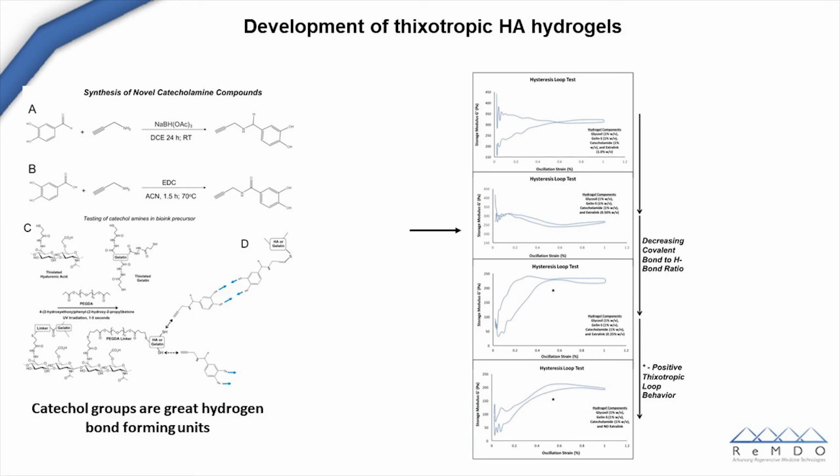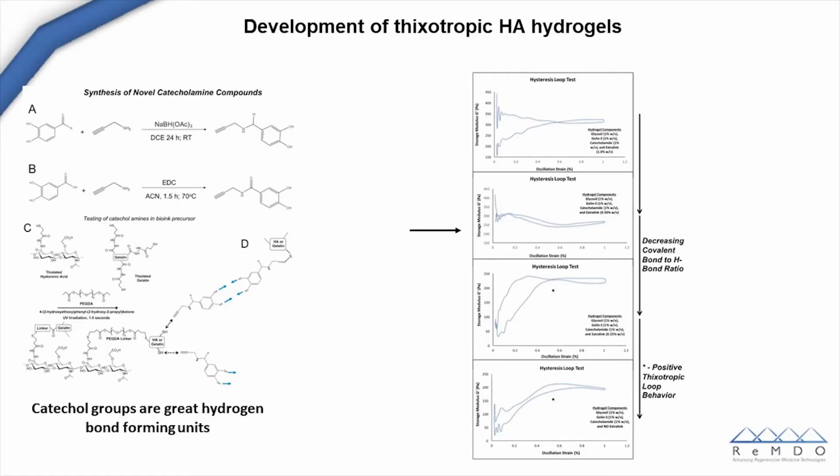So one method that we're using for this thixotropy are catecholamine compounds. And interestingly, mollusks secrete these compounds, and that allows them to be able to stick to ship hulls and rock surfaces and things like that. So initially, we were exploring this as a way to enable an adhesive hydrogel.